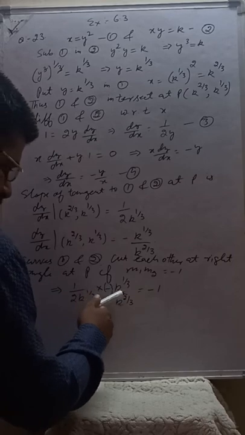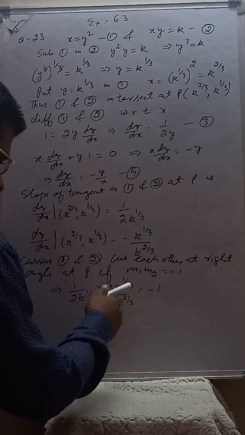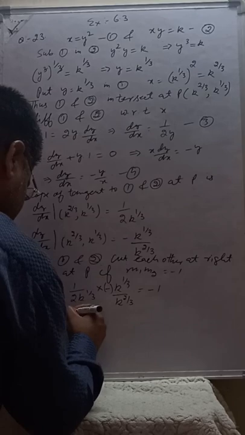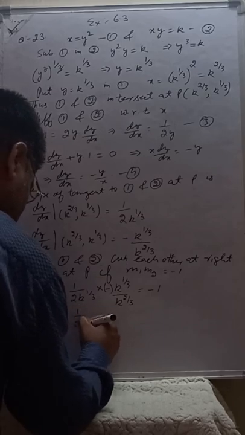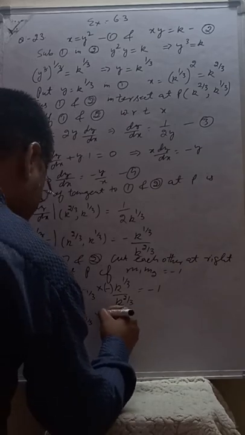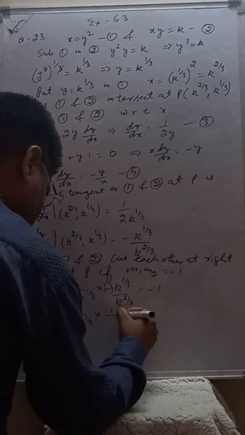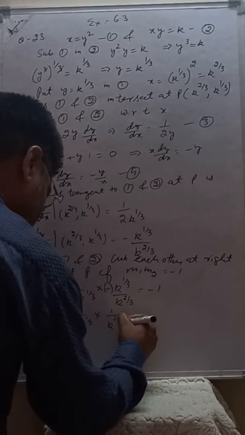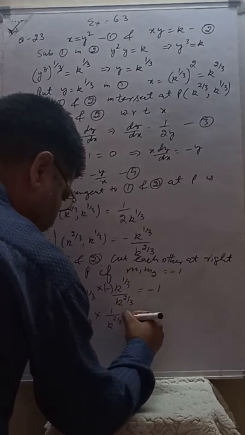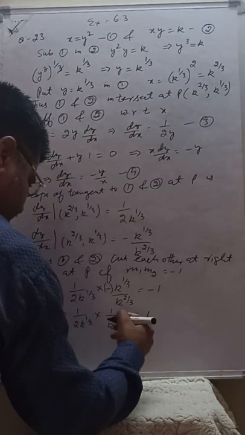The base in the numerator and the denominator is the same. So when the base is same, powers will add. Whenever you take a power from numerator to denominator or from denominator to numerator, its sign changes.